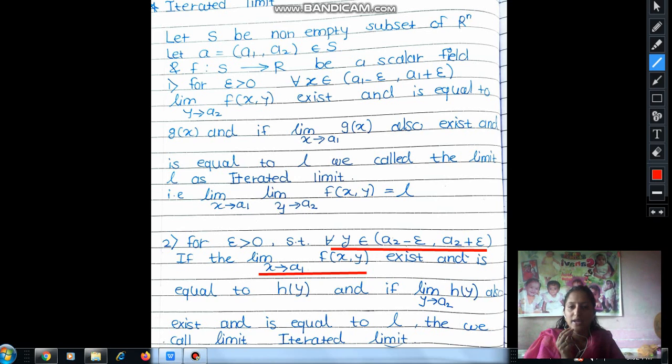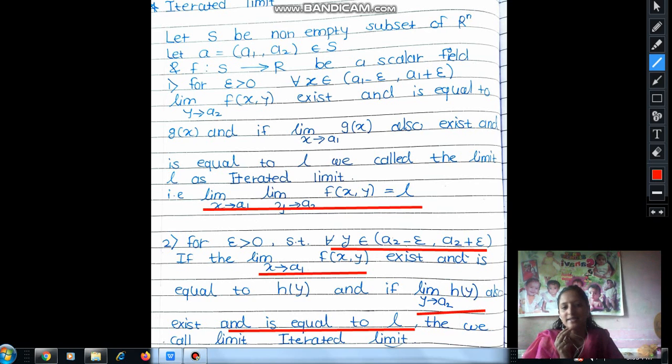It is equal to h of y, and limit y tends to a2 of h of y also exists and it is equal to L. Then also limit y tends to a2, limit x tends to a1 of f of xy is equal to L. This limit is called an iterated limit.